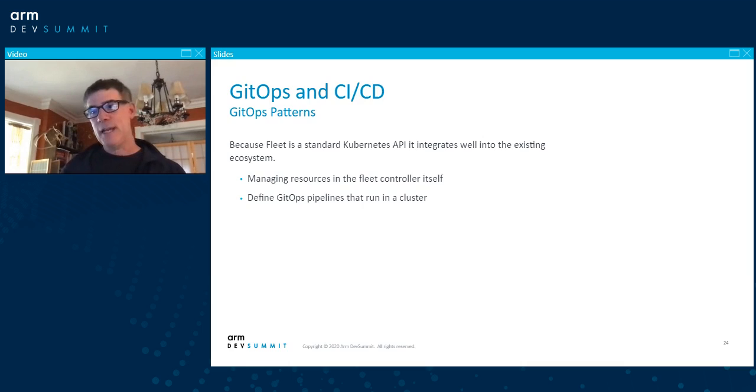So for GitOps and CI/CD, the GitOps patterns that we see, because Fleet is, again, this standard Kubernetes API, it's going to integrate into the existing ecosystem for GitOps. If you use Fleet with the Git repo CRD, then we're going to manage the resources directly in the Fleet controller itself. The other option would be to define some sort of a GitOps pipeline that runs in a cluster.